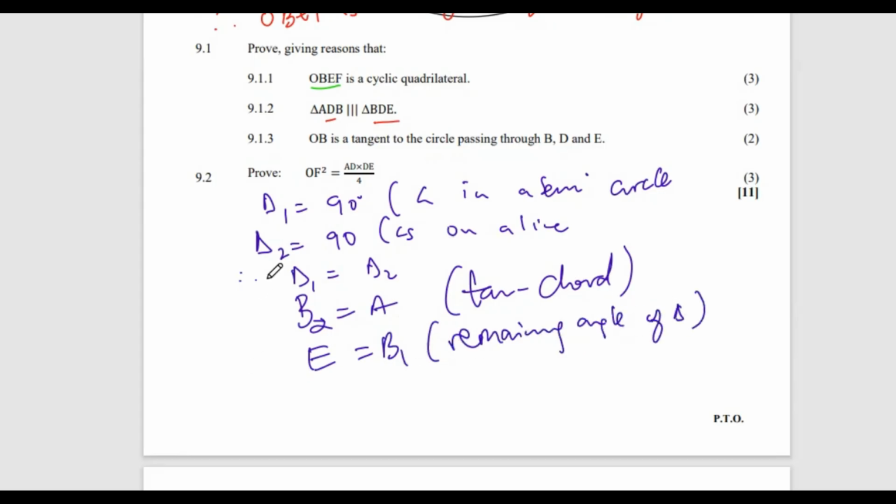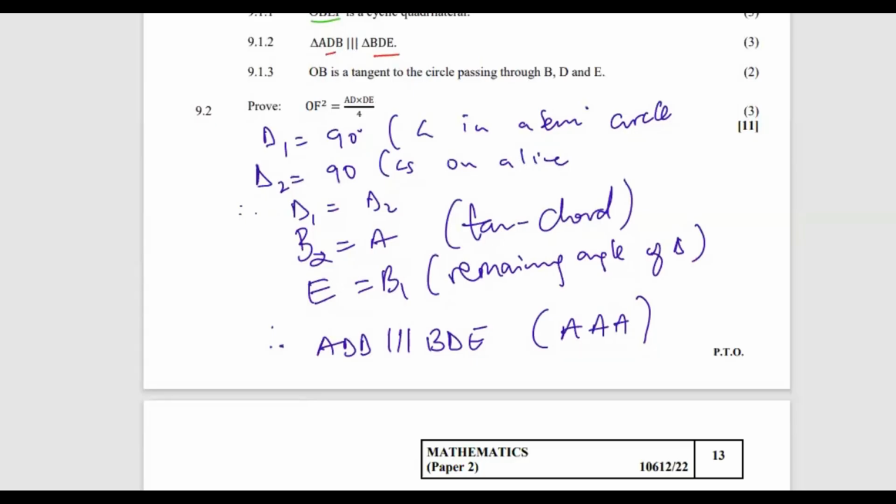So if we have 3 facts, then we can draw the conclusion. Therefore, ADB is similar to BDE. Reason, normally use angle, angle, angle. So conclusion, and then the reason must be given.